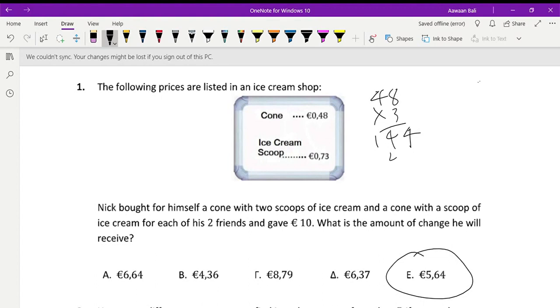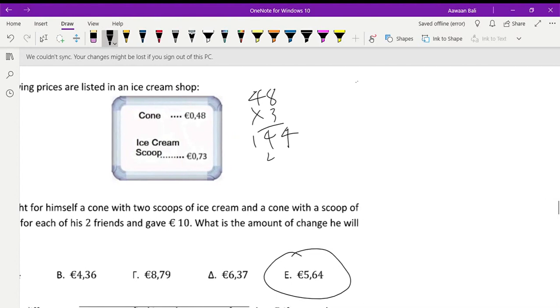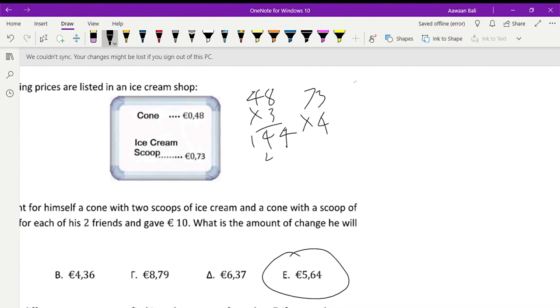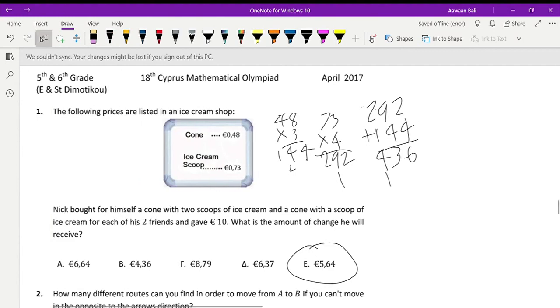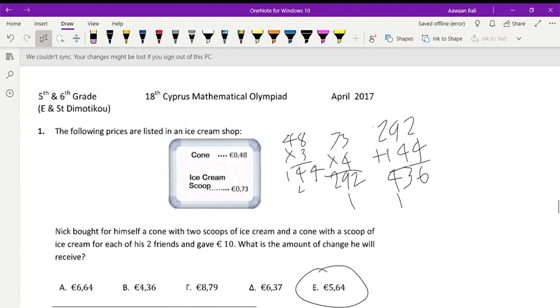So basically that's 4 in total. An ice cream scoop is 73 cents. So 73 times 4 is 292. We add the 2 prices together to get €4.36. So that's how much Nick pays in total.